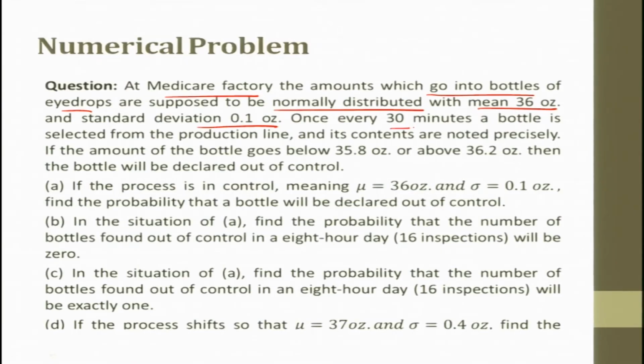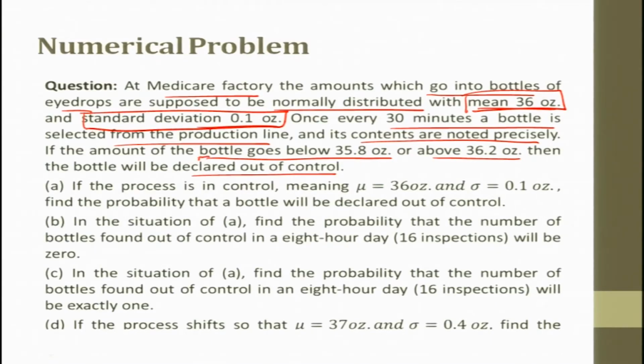Once every 30 minutes a bottle is selected from the production line and its contents are noted precisely. If the amount in the bottle goes below 35.8 ounce or above 36.2 ounce, then the bottle will be declared out of control. So, you see the figures, the mean is here, the standard deviation is here.